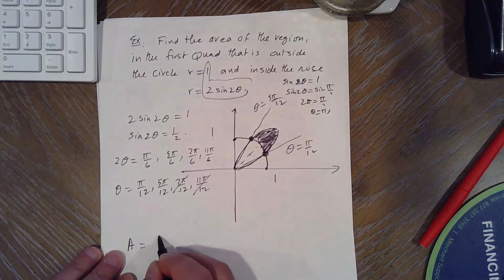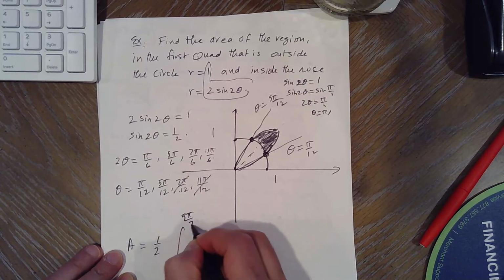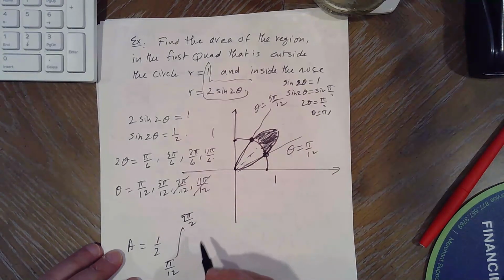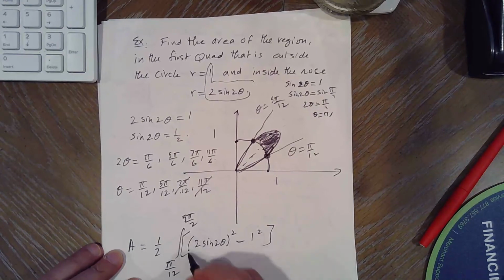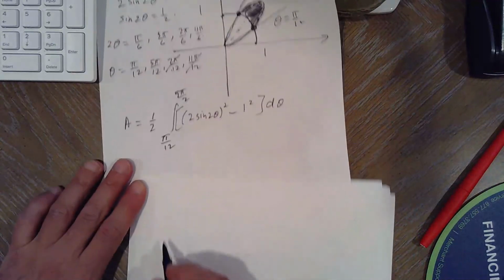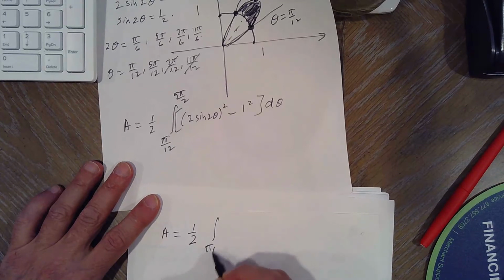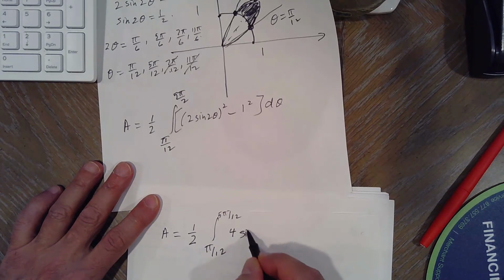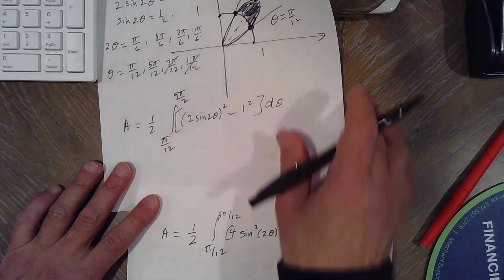So the area is 1/2 integral from pi over 12 to 5 pi over 12 of the higher minus the lower, the outer minus the inner. So the outer squared is (2 sine 2 theta) squared, minus the circle, which is the inner, d theta. So area equals 1/2 integral pi over 12 to 5 pi over 12 of 4 sine squared 2 theta minus 1 d theta.